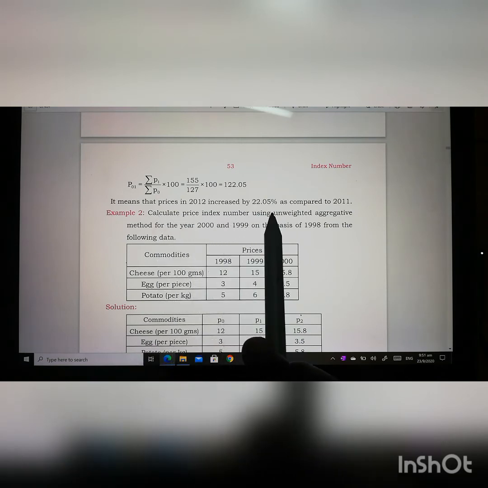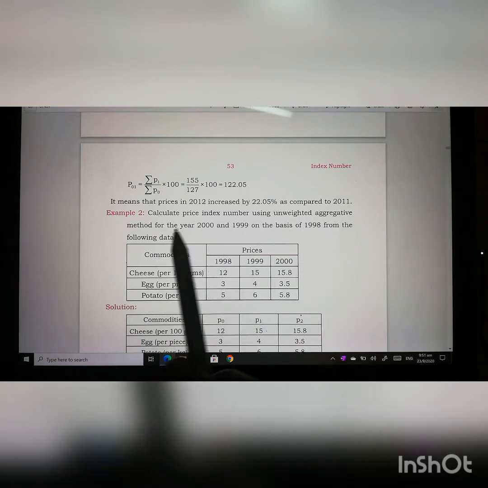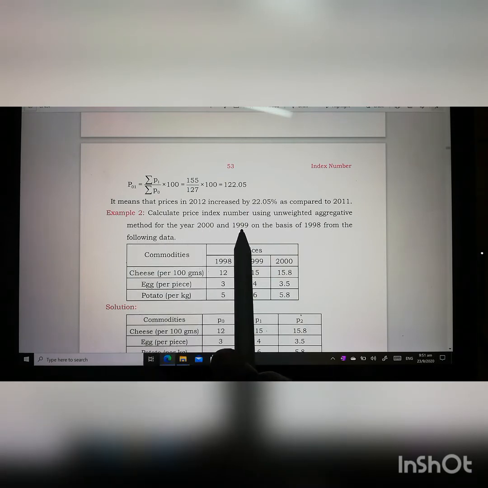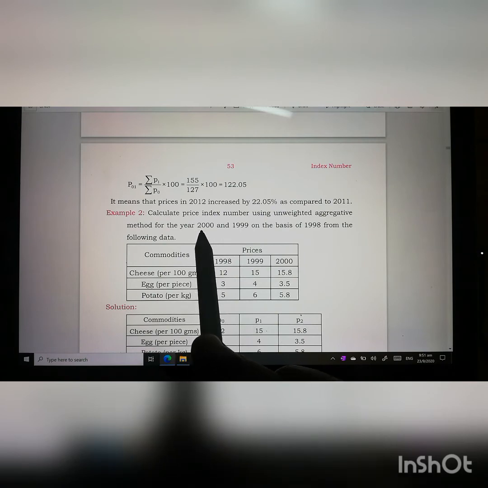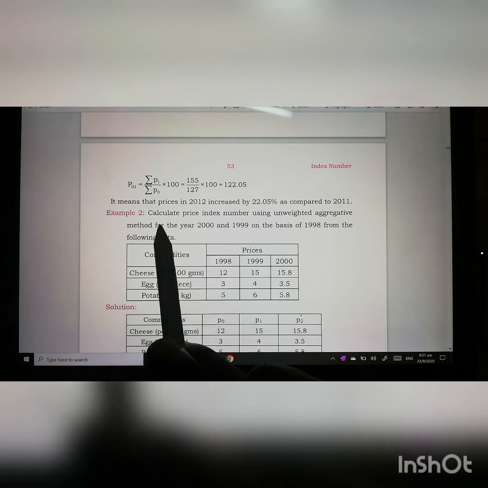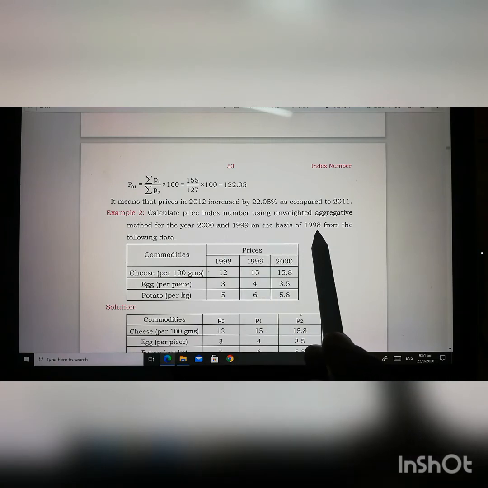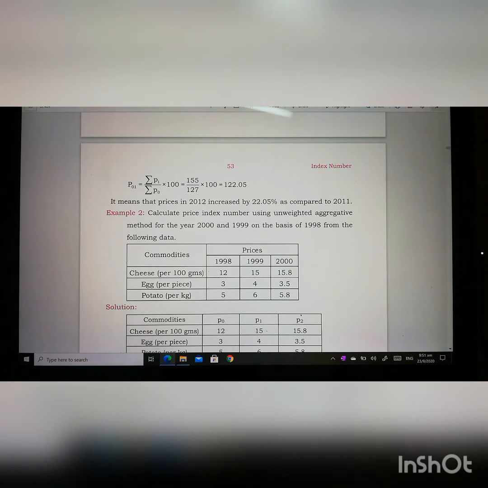Calculate price index number using unweighted aggregative method for the year 2000 and 1999. That means for 2000 you have to do the calculation, and for 1999 you have to do the calculation, taking 1998 as the base year.